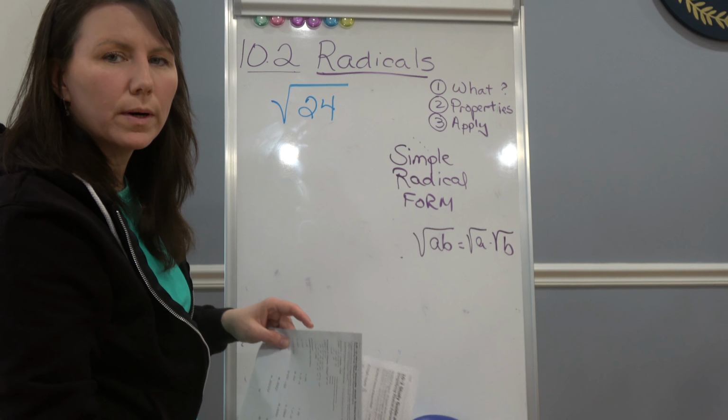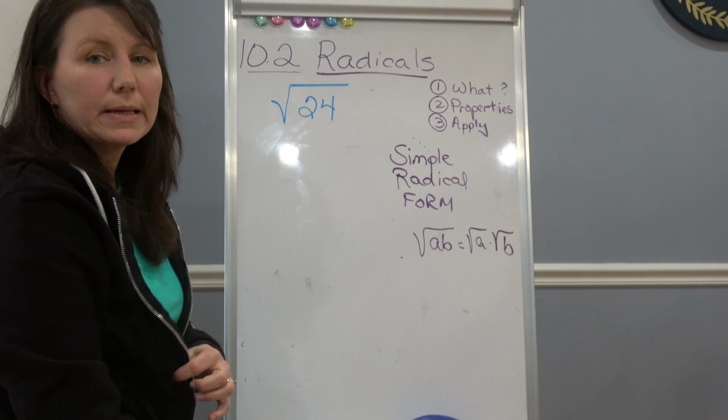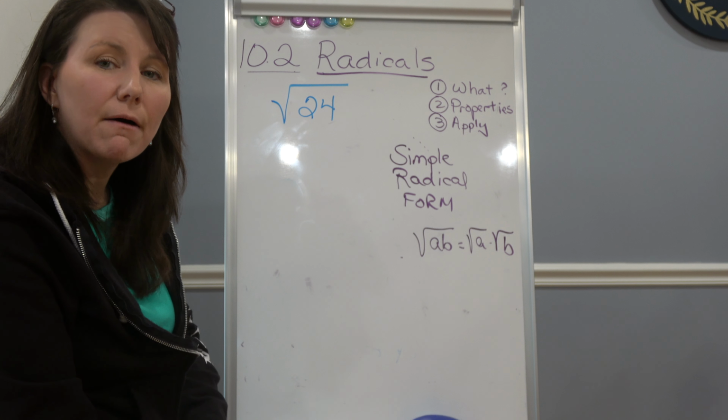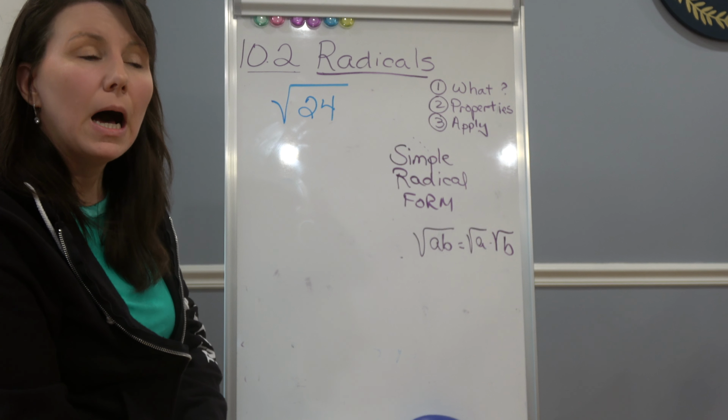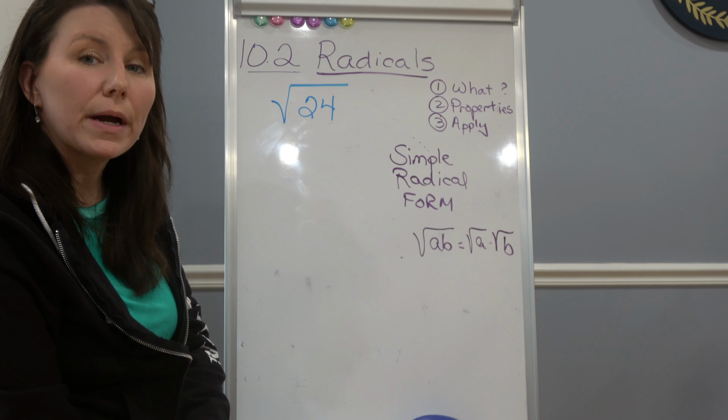Square root of 24. So again, I know it's not just an integer because 24 is not a perfect square. I can't multiply a number by itself and get 24. But I can break up 24 and pull out perfect squares.